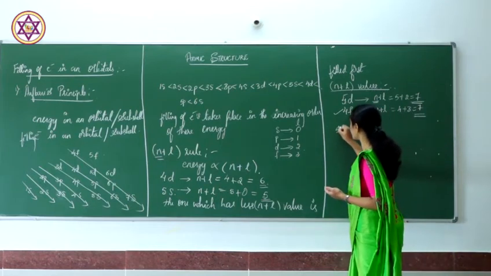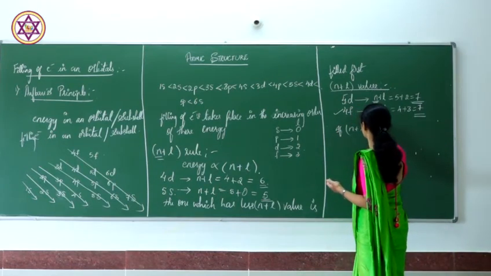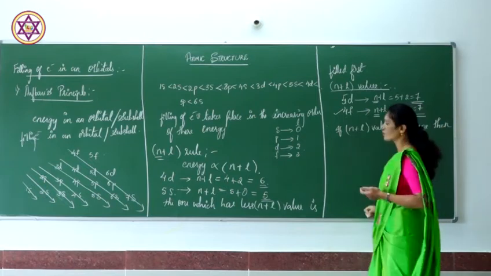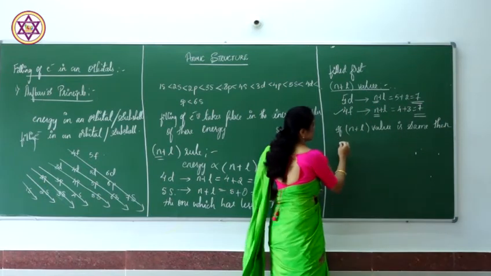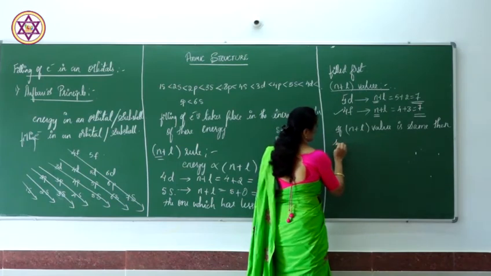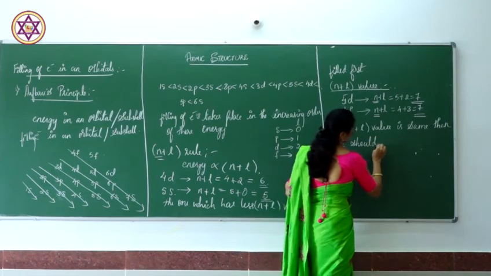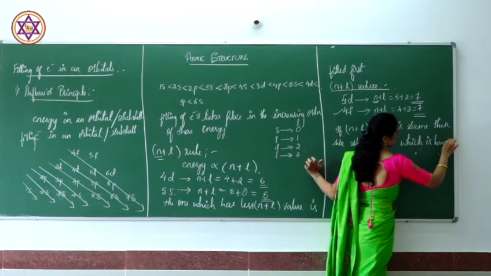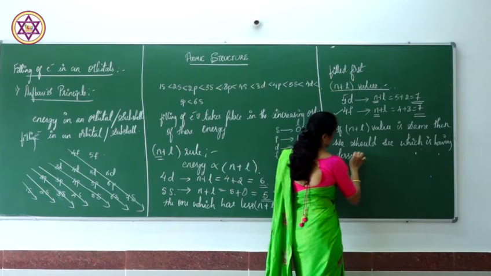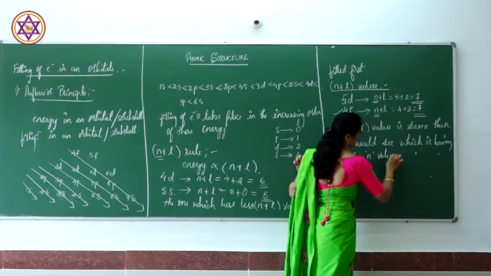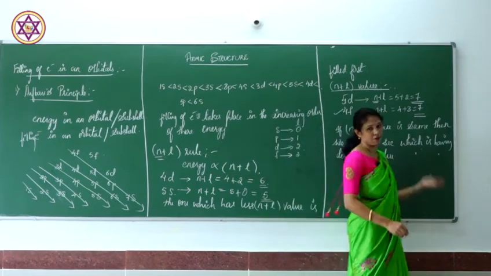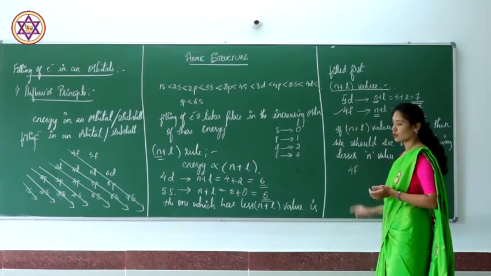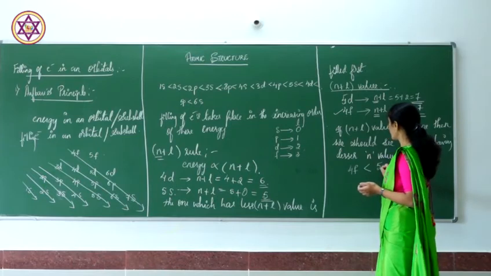So if the n plus L value is the same, we see which has the lesser n value, and that is filled first. 4f has the lesser n value, so 4f is filled first, then the filling of 5d takes place.